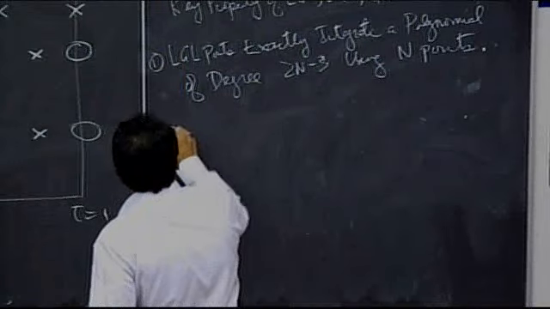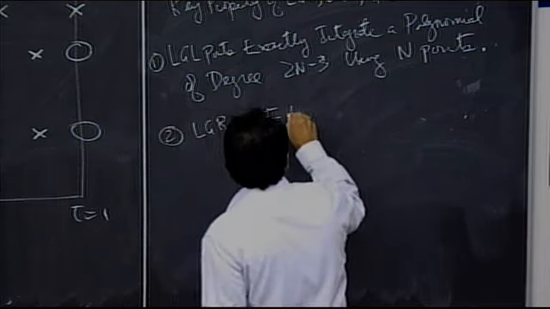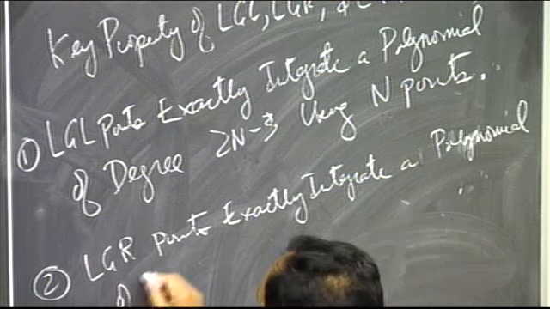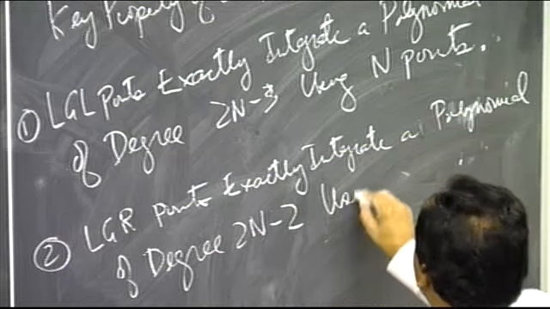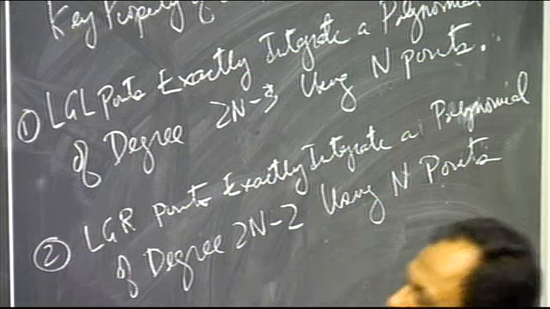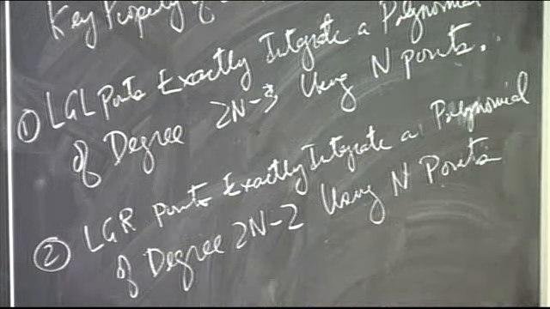For LGR points, they exactly integrate a polynomial of degree 2n minus 2 using n points. So that means that if I use LGR points instead of using LGL points, I get one more degree in the polynomial than for n points.